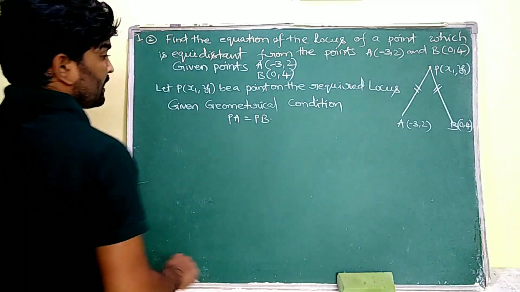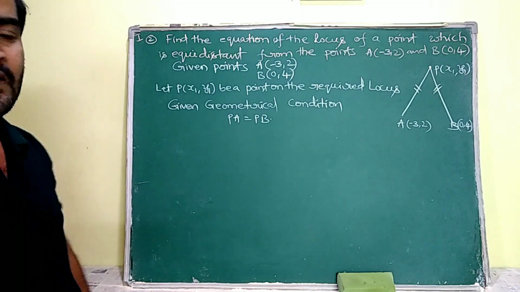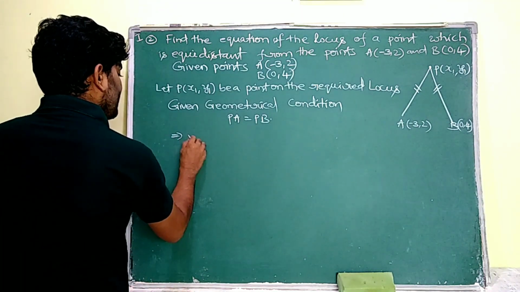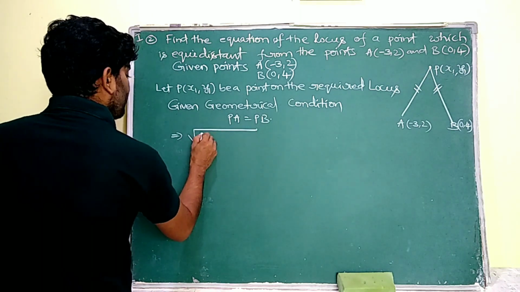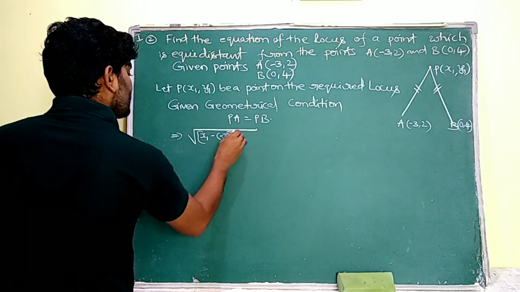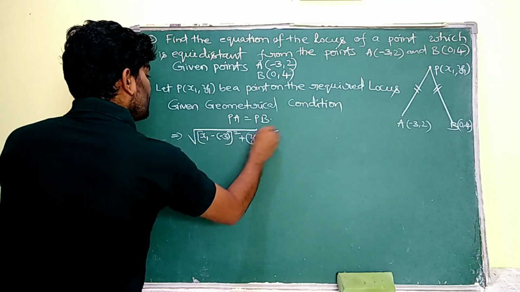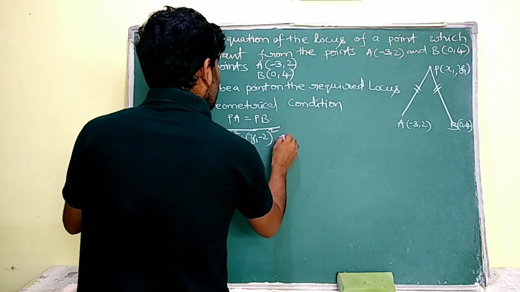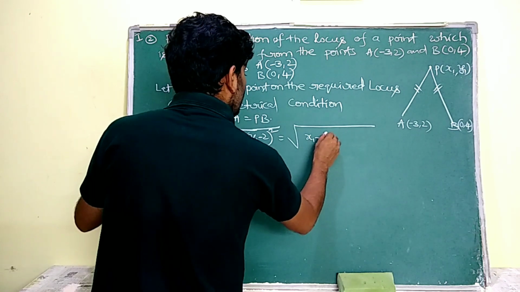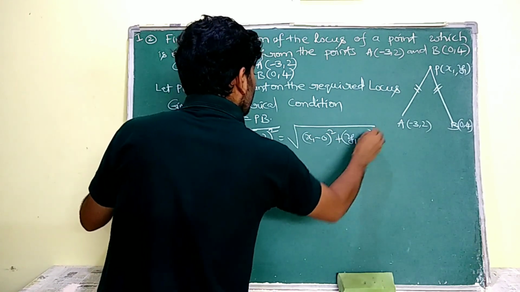Now we have to convert this given geometrical condition into an algebraic equation by using coordinate geometry formulas. That is, PA means the square root of (x1 minus of minus 3) whole square plus (y1 minus 2) whole square is equal to the square root of PB, meaning (x1 minus 0) whole square plus (y1 minus 4) whole square.